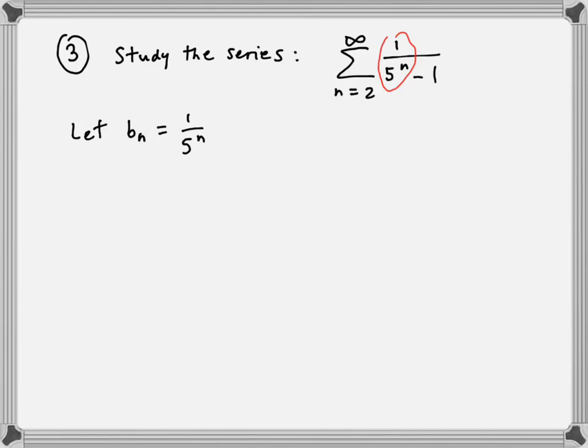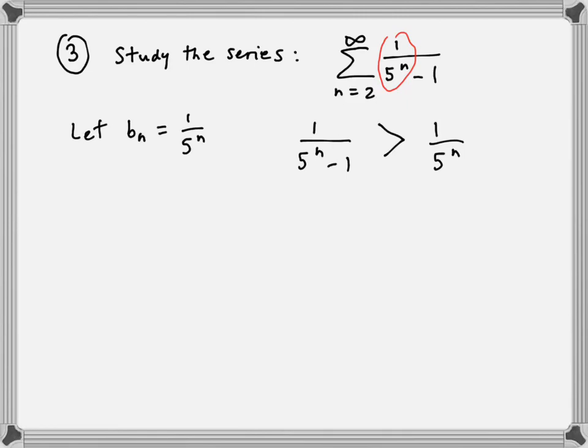How do we compare 1 over 5 to the n minus 1 and 1 over 5 to the n? Well, I'm hoping it's clear that the one on the right has a larger denominator, therefore it is smaller. So this guy is bigger.